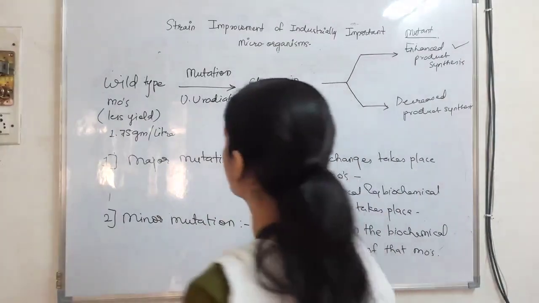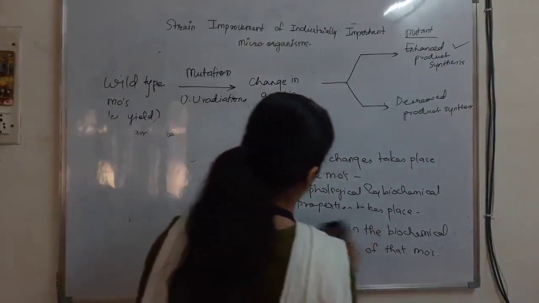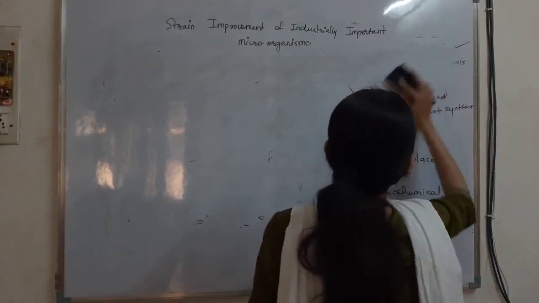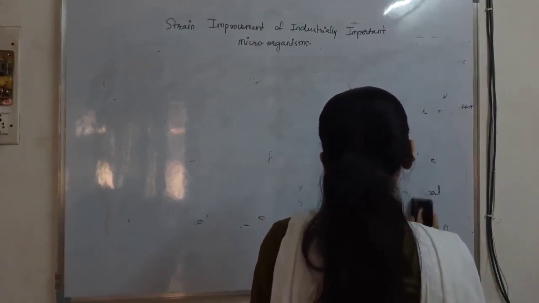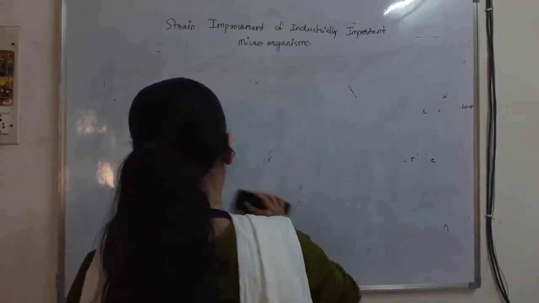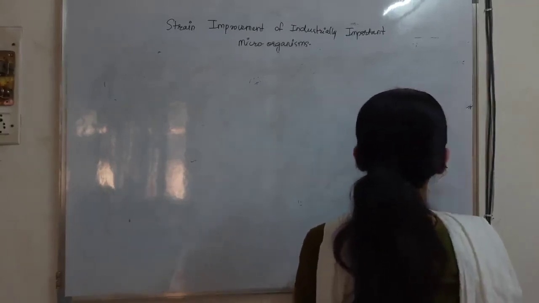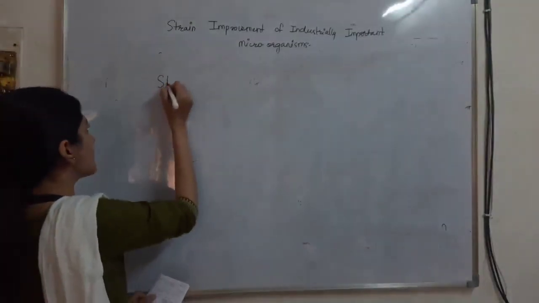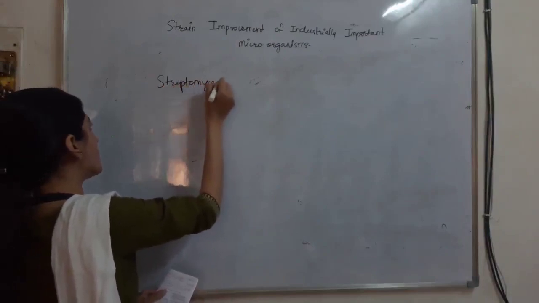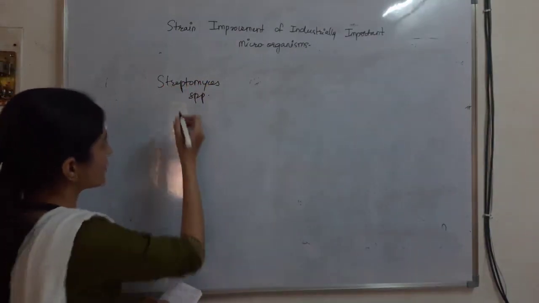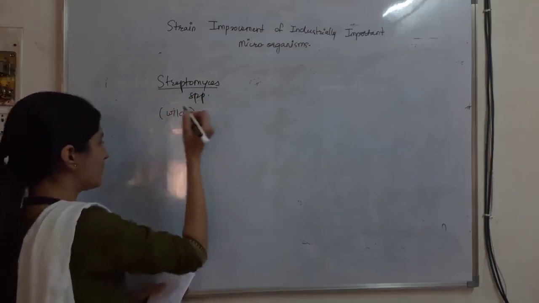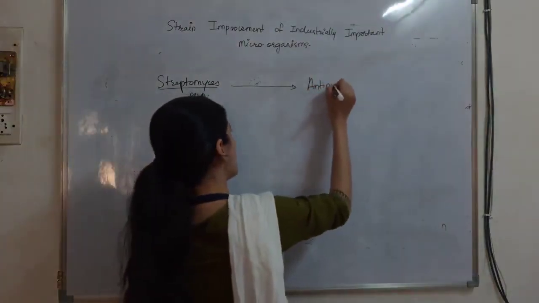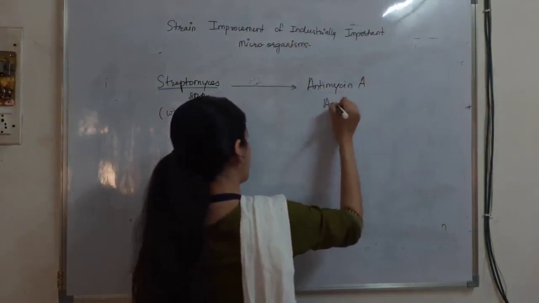So for example, if we take an organism, a fungus, Streptomyces species, which is wild, and it produces antimycin A, which is an antibiotic.